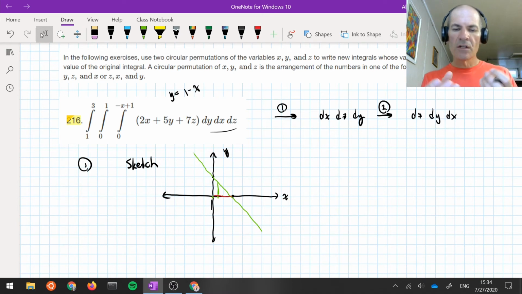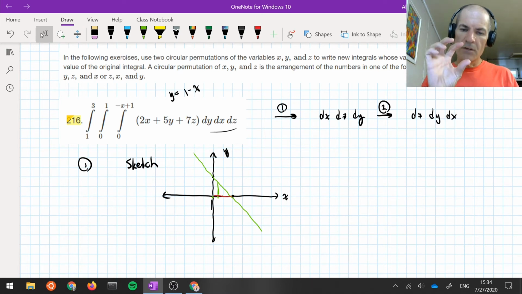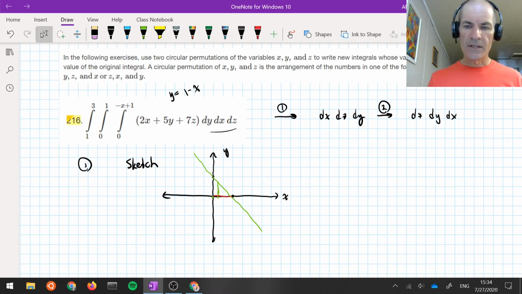So this is a cylinder with a triangular base that's shifted up 1 unit above the xy plane and extends up to 3 units above the xy plane. So you can imagine that third variable.